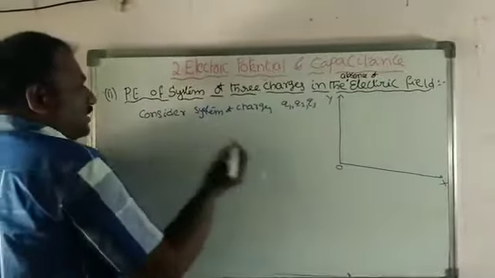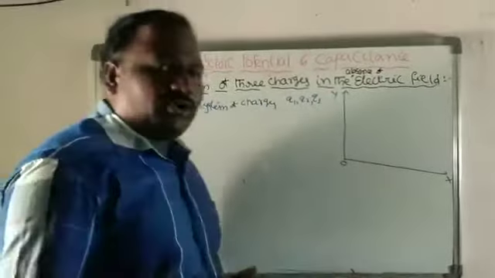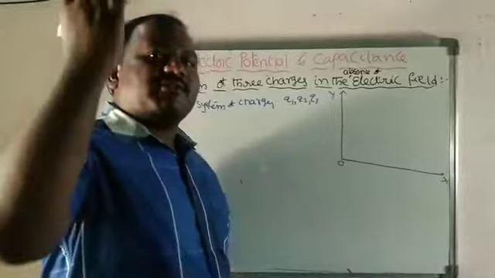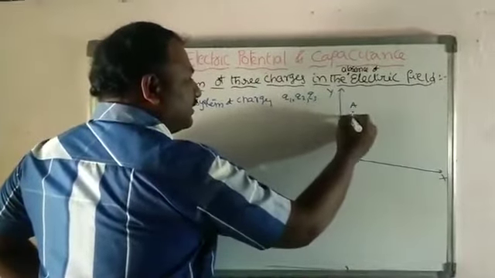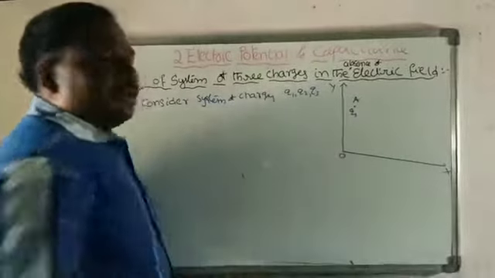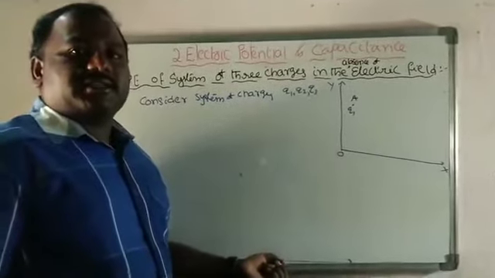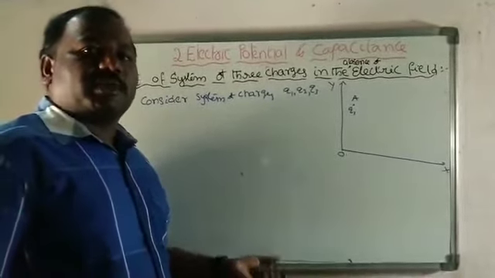Now first I need to bring a charge Q1 from infinite distance to a point A in this region. But the electric field is 0, so the required work done should be 0.